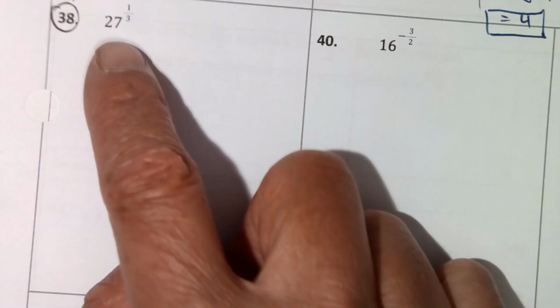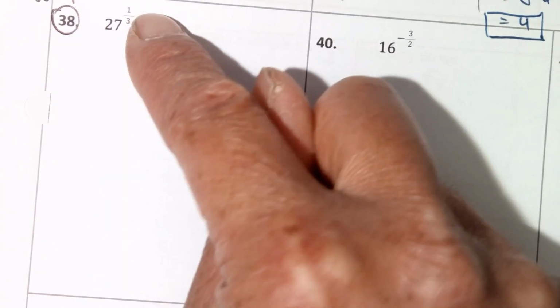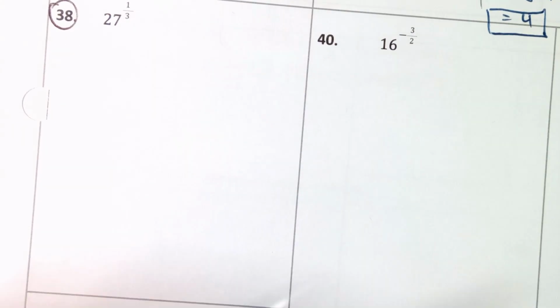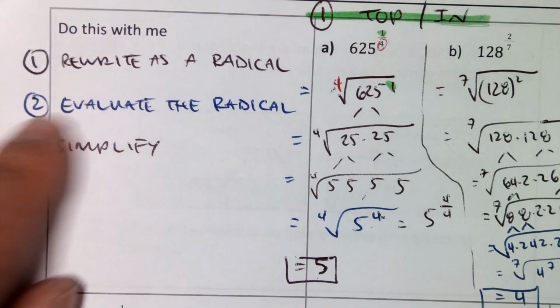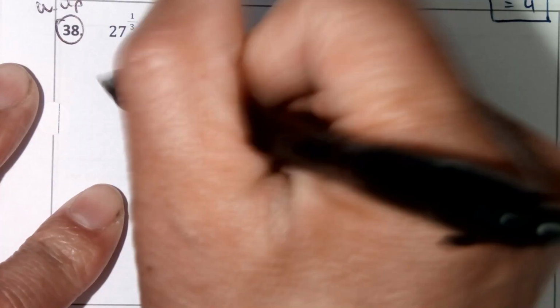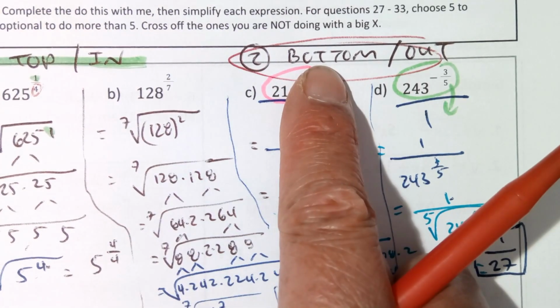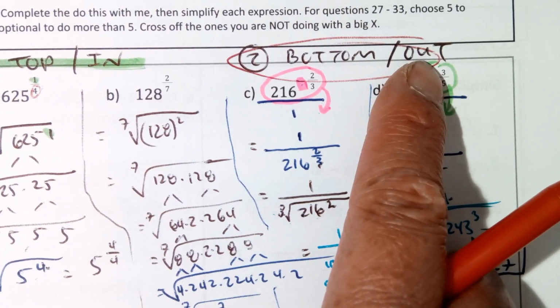Okay, number 38 here, I have 27 to the 1/3 power. Notice there's no negative, so I don't have to put it over 1. Rewrite as a radical, so let's go ahead and do that. Big radical sign. Remember, bottom, out.